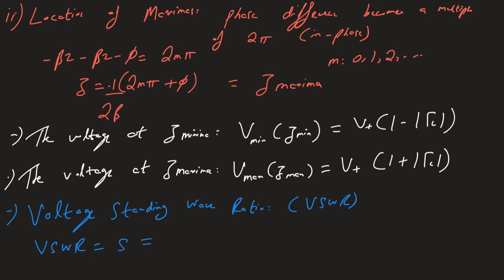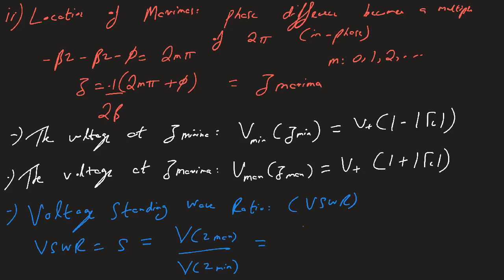So S becomes equal to the voltage at Z max, the maximum voltage, over the voltage at Z min, the minimum voltage inside your waveguide, or your transmission line.